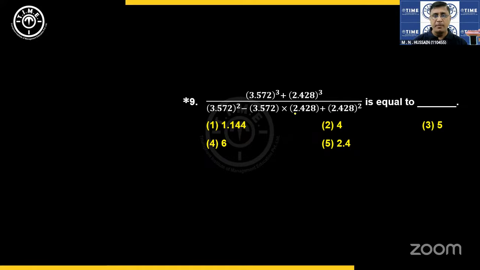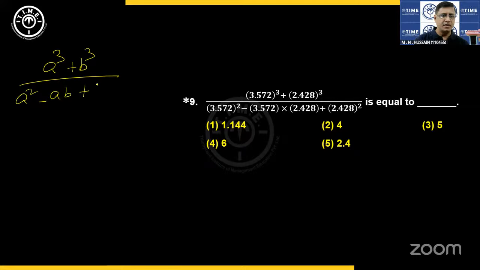What is the formula? A cube plus B cube. Now the value of A is given here as 3.572. Value of B is equal to 2.428. A cube plus B cube by A square minus AB plus B square. It is equal to what?